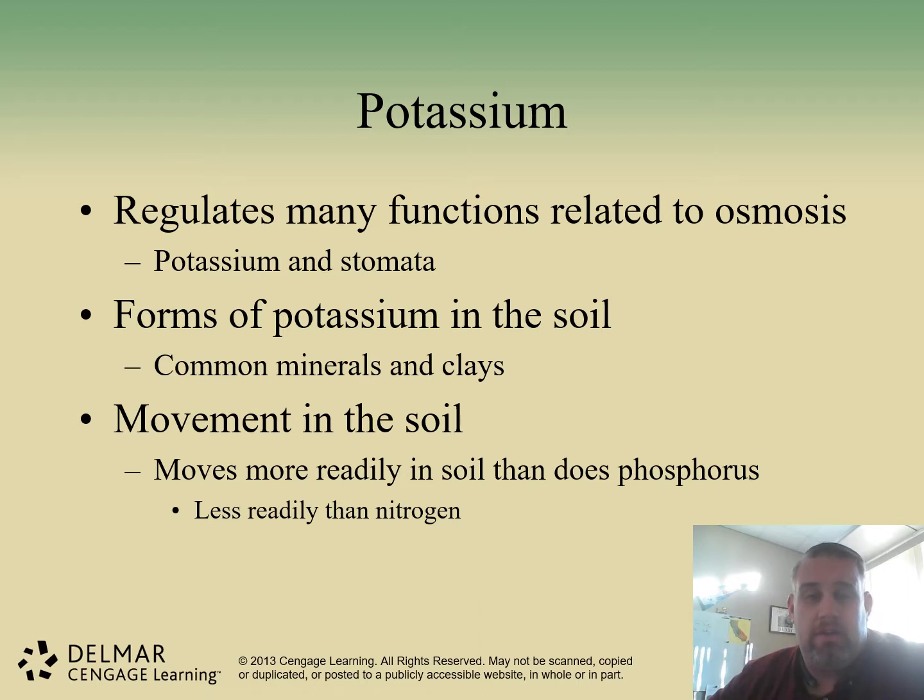These can be common minerals in clays. You have muriate of potash, which is the most common form of potassium. This is very easily moved within the soil, but not quite as easily as nitrogen, but is not as big an issue as the phosphorus. And it's also really easy to keep potassium in the soil if you have adequate potassium.